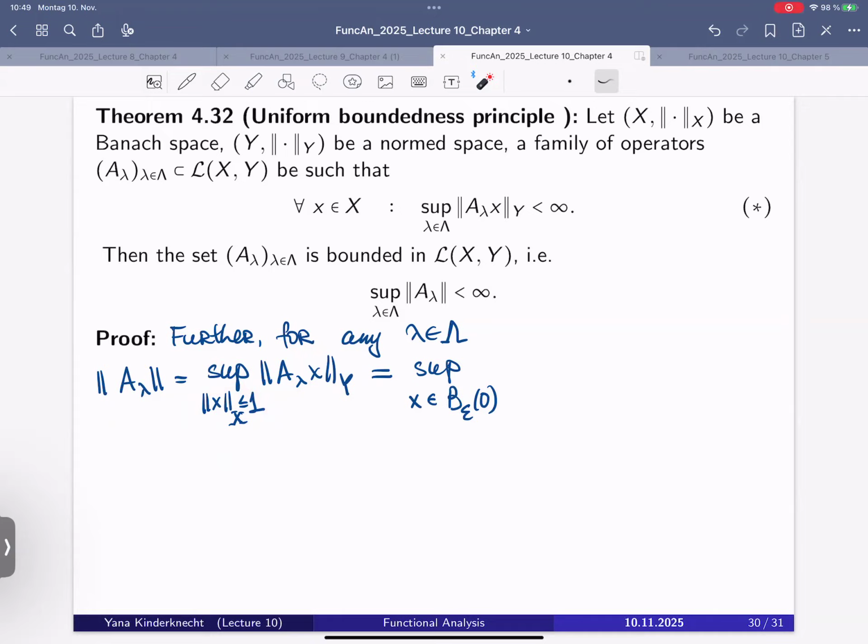Yes? Yes, I guess so. That's why here, instead of x, I should write down x over epsilon, and 1 over epsilon can be pulled out from the norm. It can be pulled out even from the supremum, and now we have A_lambda x in Y. Agree?